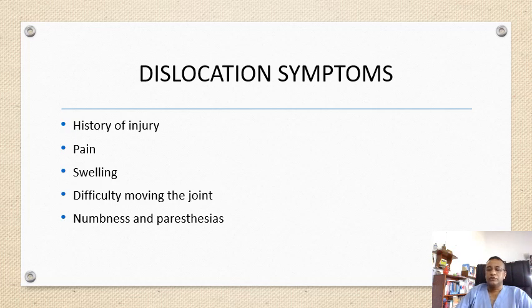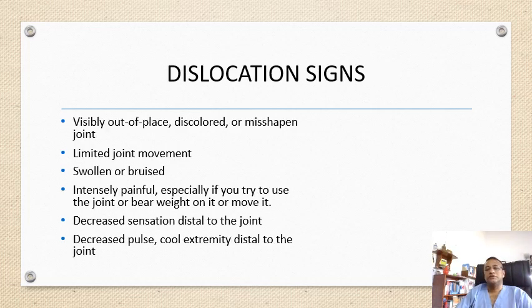So now you have to appreciate each of these symptoms, and now you have to see the signs. Once you have the history, you look at the patient, and you clearly see that the joint is out of place. It's a discontoured, misshapen joint, and joint mobility is limited.